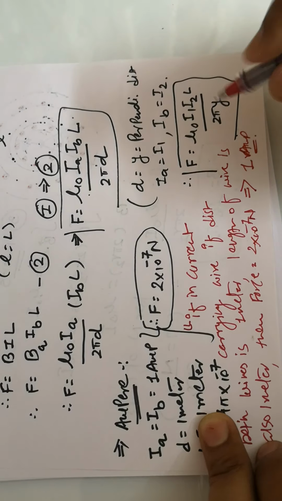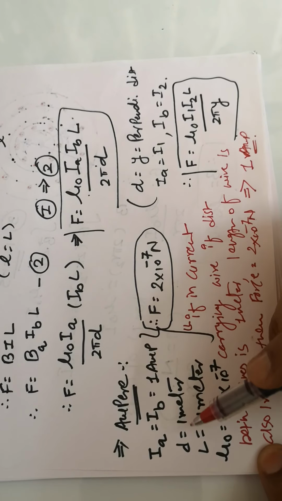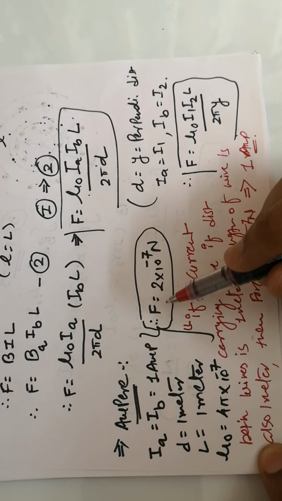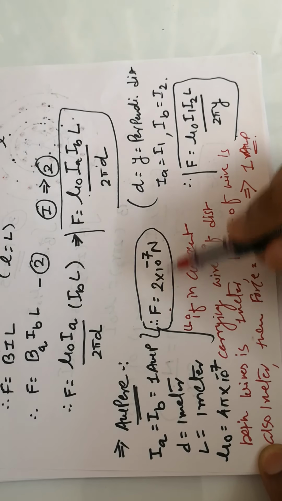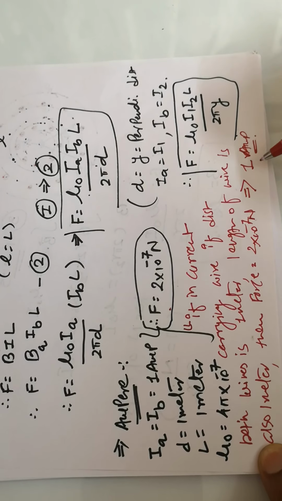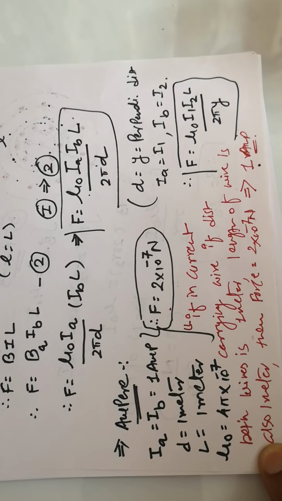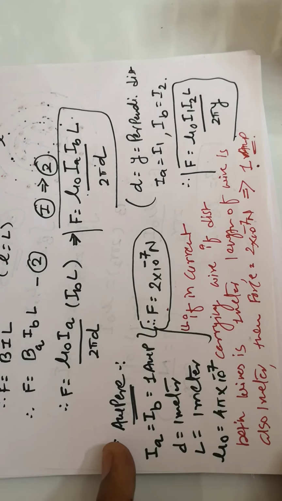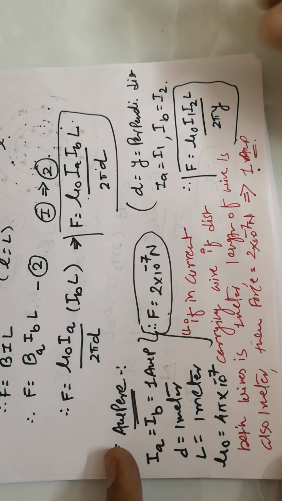So this is the primary definition. If the perpendicular distance between the two cables is 1 meter, the length is 1 meter, and the force applied by both cables is 2 cross 10 to the power minus 7 newton, then you can say that the current passing through the wire is 1 ampere. Using this much data, exams also ask this for 2 marks.